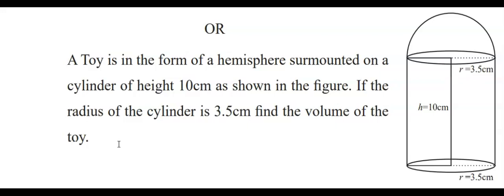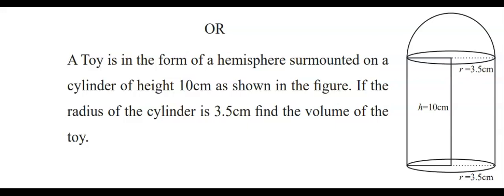See children, here this is a toy. A toy is nothing but what children play with. Here it is in the form of a hemisphere surmounted on a cylinder. This is our cylinder, and upon the cylinder there is a hemisphere. The height of the cylinder is 10 centimeters, as given in the question itself.